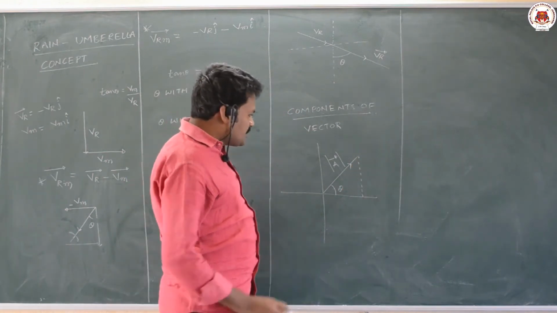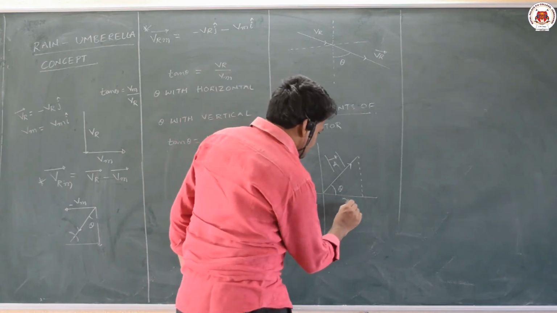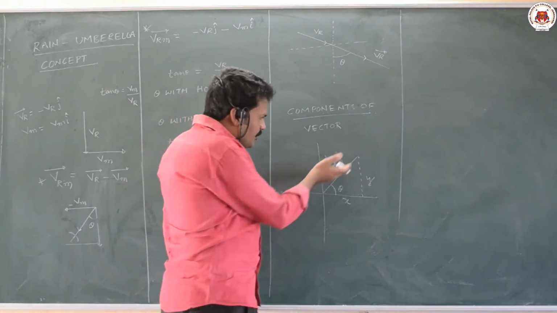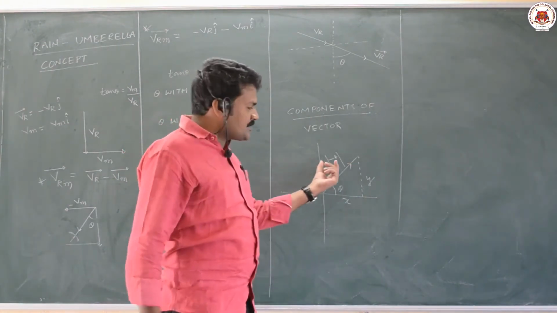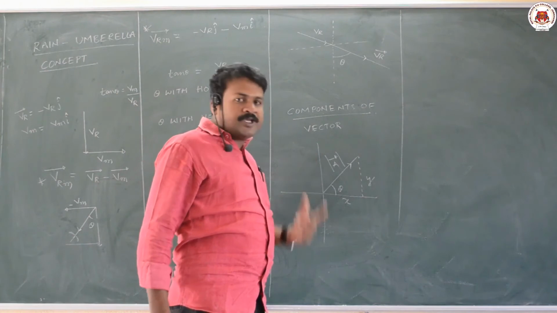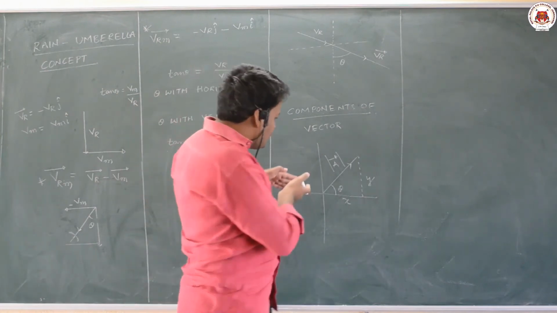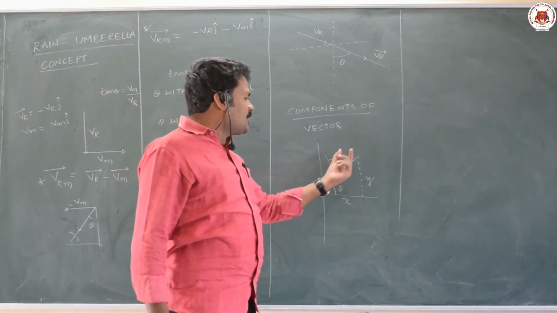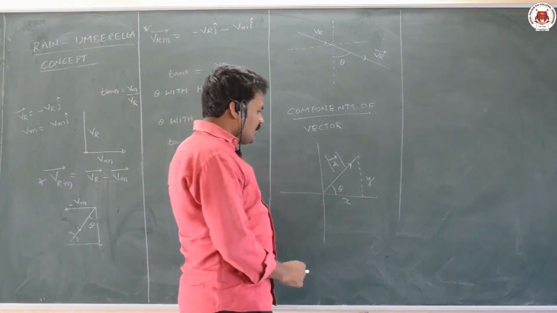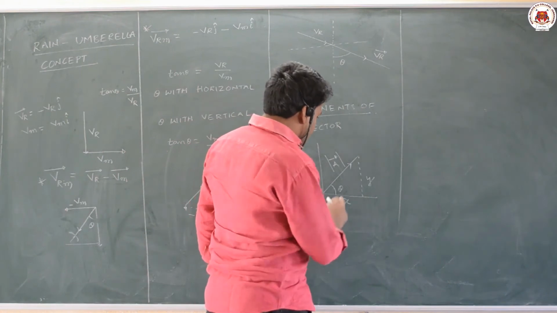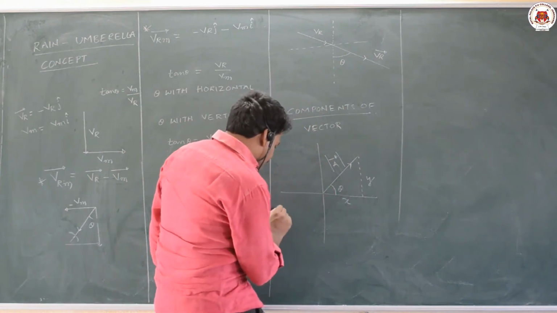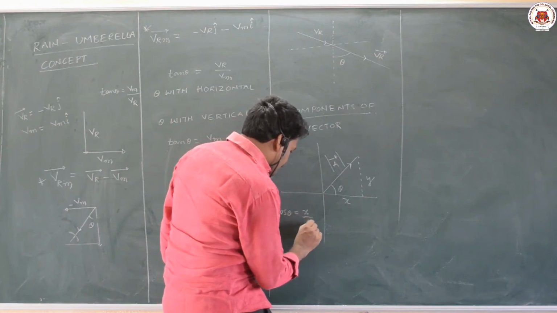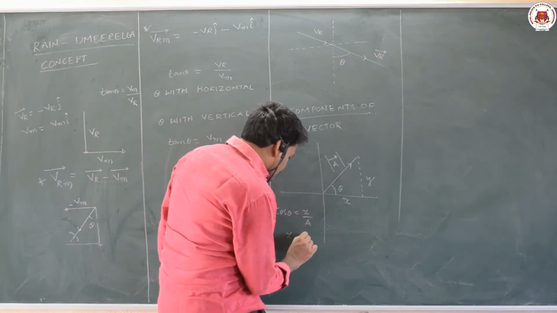This I will take as x, this I will take as y. Suppose this is 5 meters. What about x? What about y? You travelled 5 meters like this. So how much did you cross on the x axis? How much on the y axis? So cos theta is equal to x by a. Then x is equal to a cos theta.